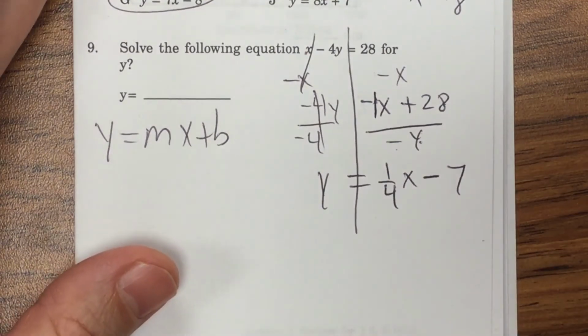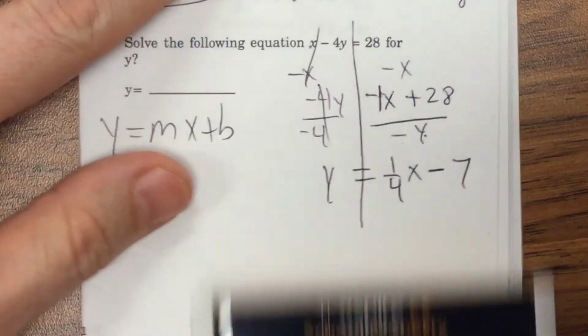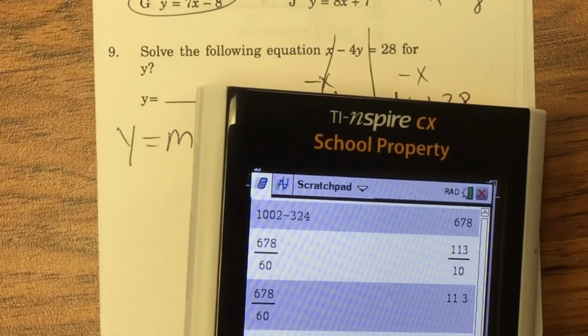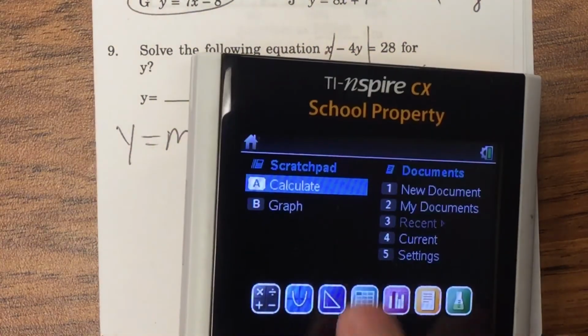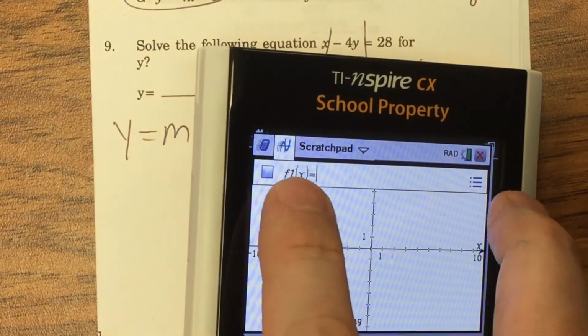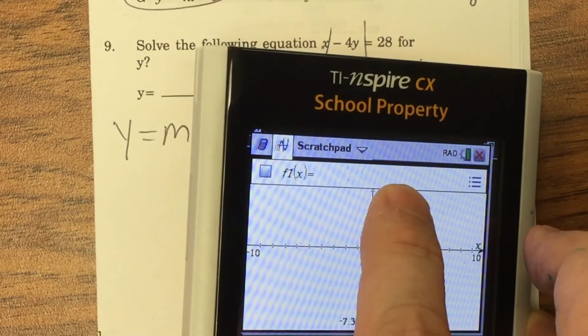So that's my equation. Now I want to remind you and strongly encourage you to practice putting a graph like this in the calculator. You go to Home and you go to Graph. By default it has you graphing a function, meaning a y equals equation.